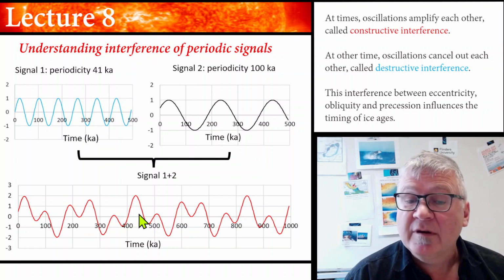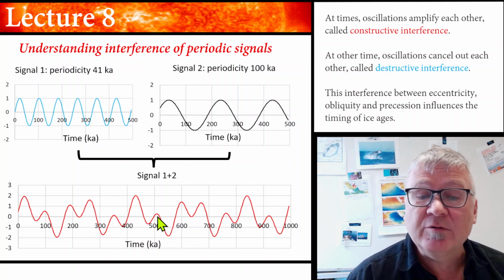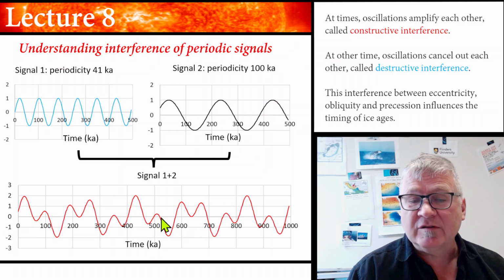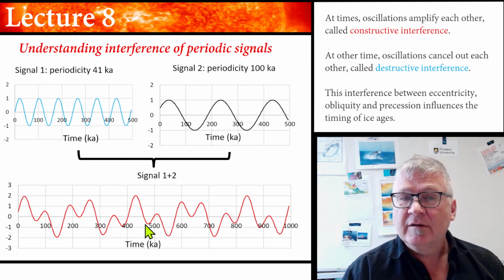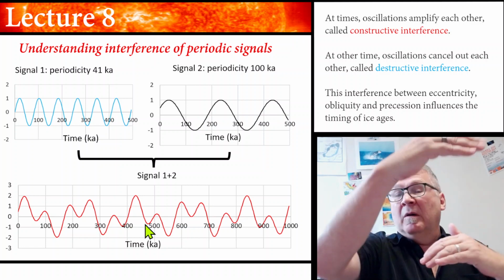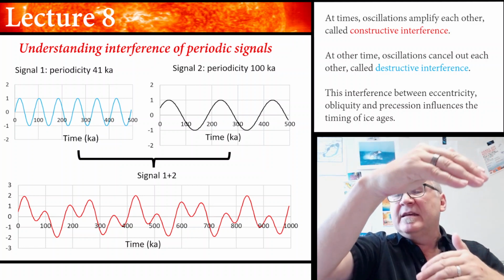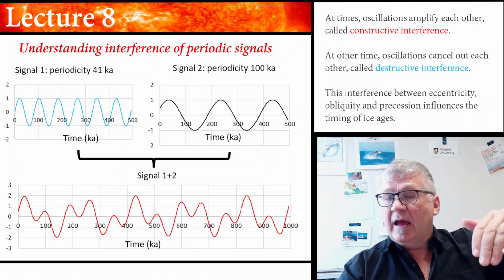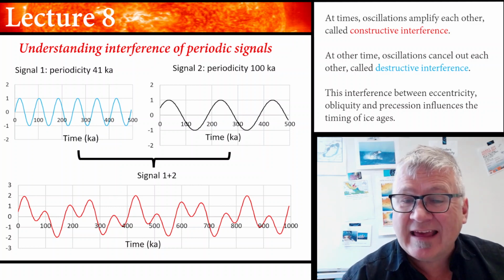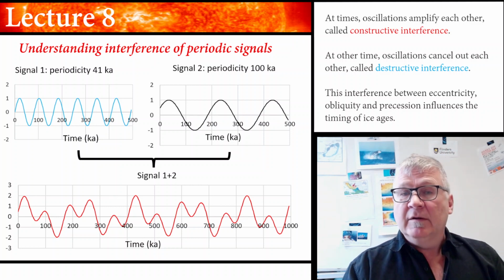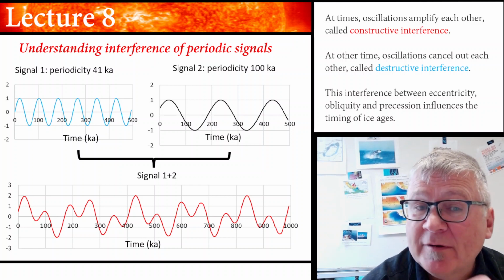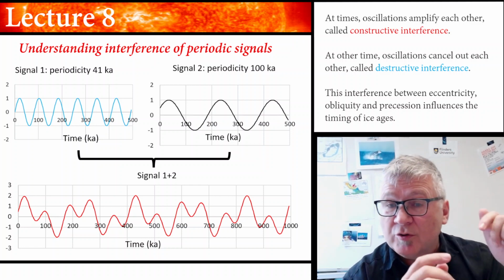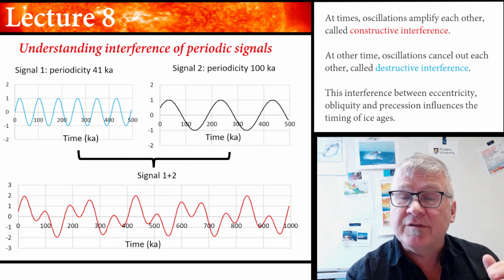There are times where you get a 0 or very small, reduced signal, which we call destructive interference. One has a positive signal, the other a negative, and they counteract, they cancel each other out. So in terms of the orbital cycles, it's important to understand this interference.